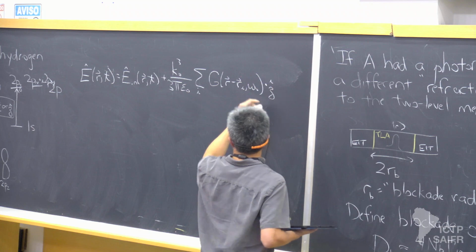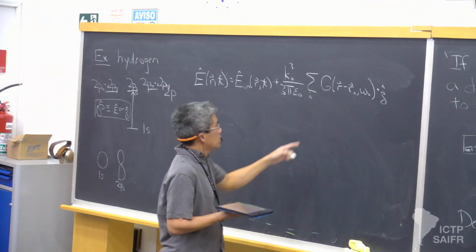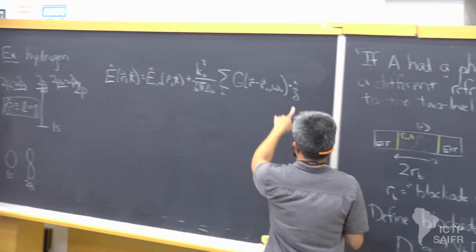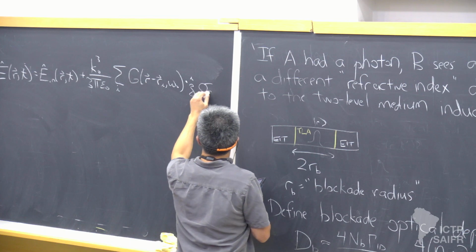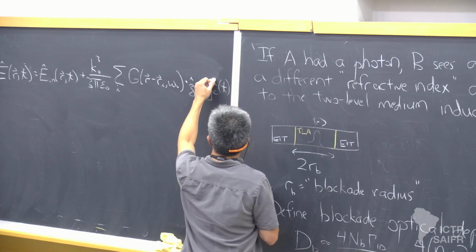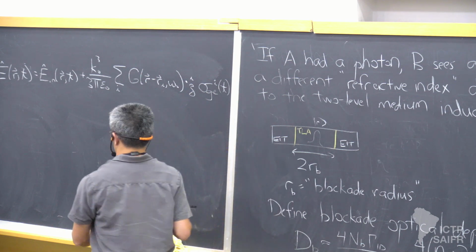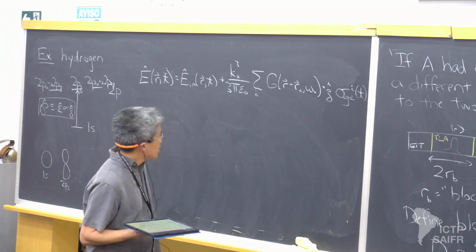So again, for example, if we were to choose the transition to be along Z, then we would project the Green's function into Z. Okay, so that's the specific equation.